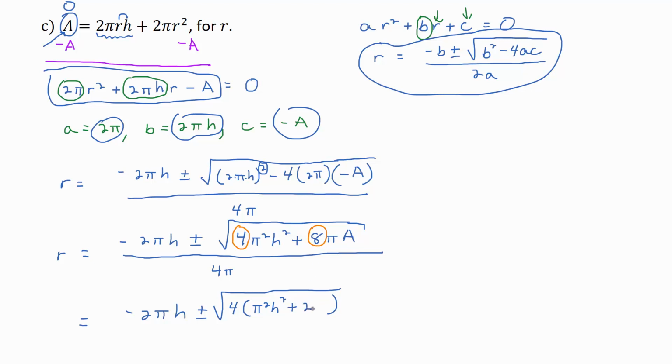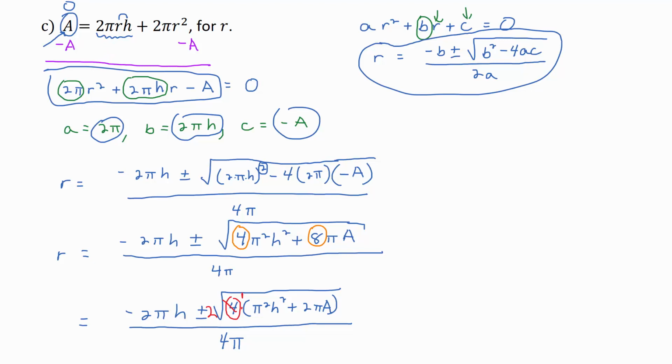So 2 pi A, all over 4 pi. Now I factored out this 4 right here because I know the square root of 4 is 2, and when the operation is multiplication, you can split up the square root over multiplication. Bring the square root of 4 outside, so you can bring the 2 on the outside like that.